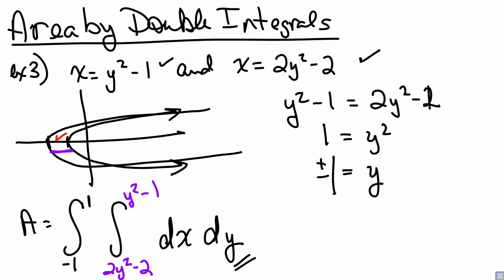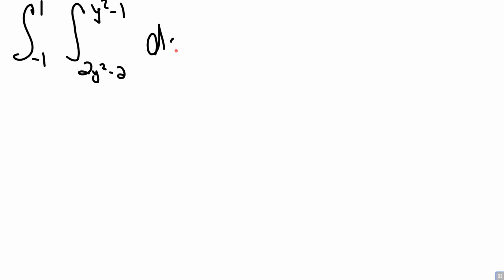Okay, so let's evaluate this integral. We're going to have the integral from -1 to 1, integral from 2y squared minus 2 to y squared minus 1 dx dy. So if I integrate with respect to x, I'm just going to end up with what? x.